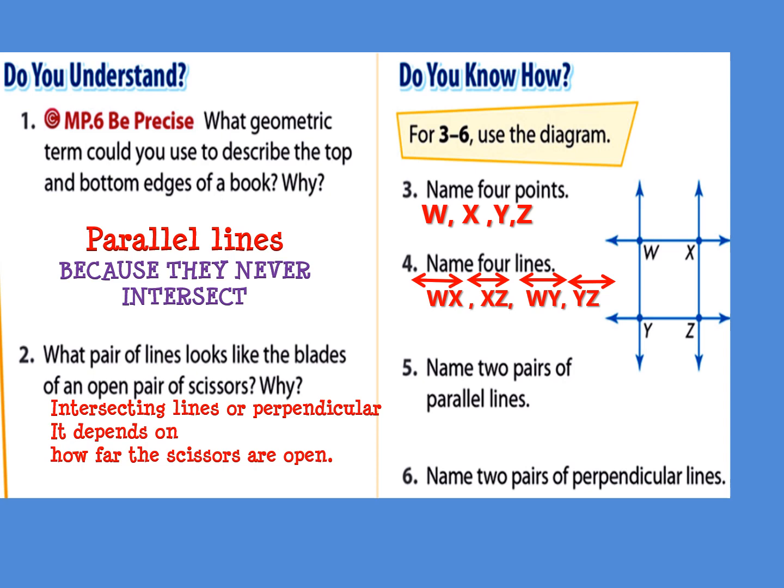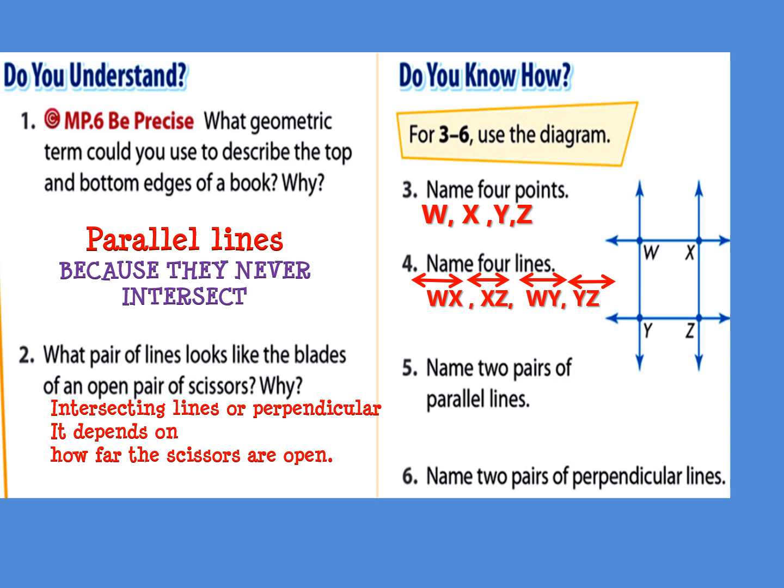Question 5, he said name 2 pairs of parallel lines. As I said to you, what about the parallel lines again, guys? The parallel lines look like equals. That means 2 lines never intersect or never meet. Here in that diagram, in that figure, there are 2 pairs of parallel lines. What is the first pair of parallel lines? Yes, which is line WX and line YZ. Exactly, they never intersect, they never meet.